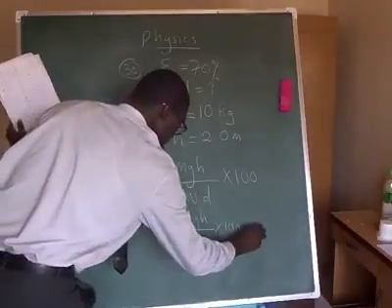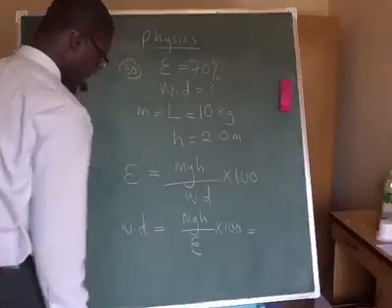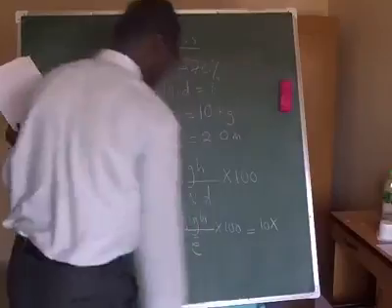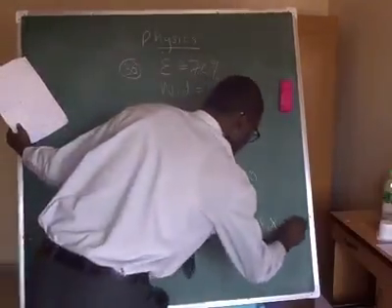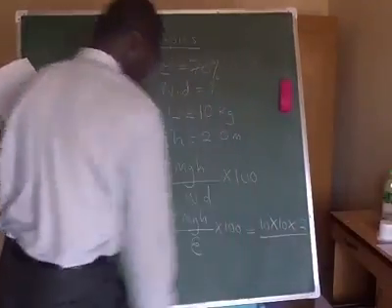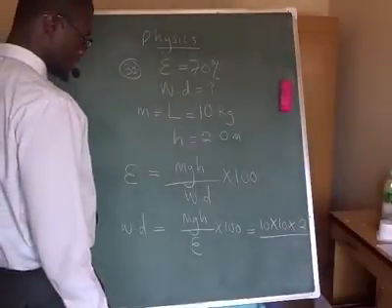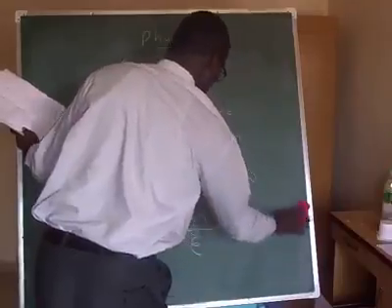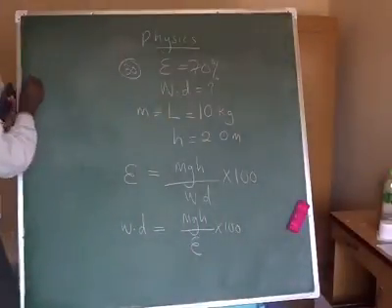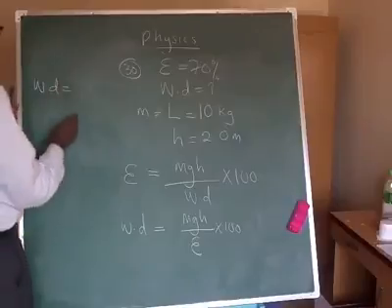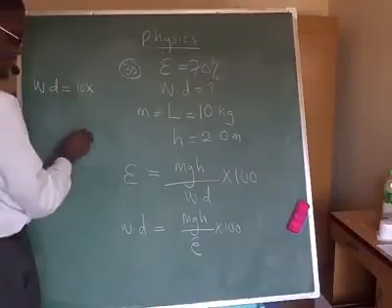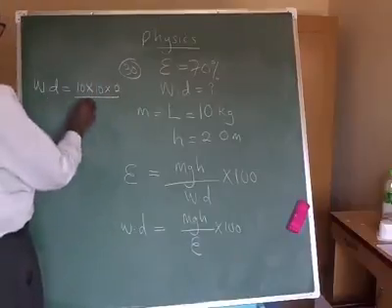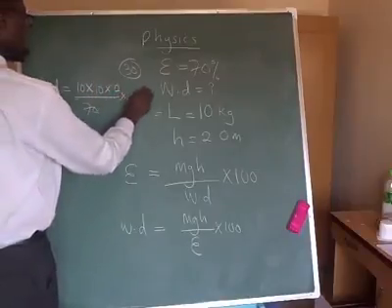So my work done is equal to mass 10, multiplied by acceleration due to gravity 10, height 2, all over efficiency 70, then times 100.